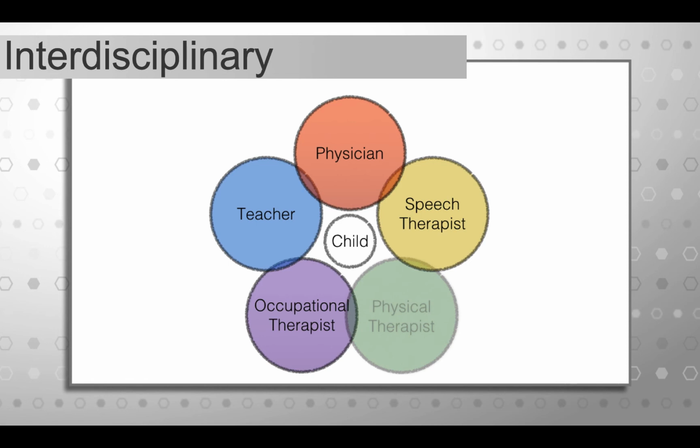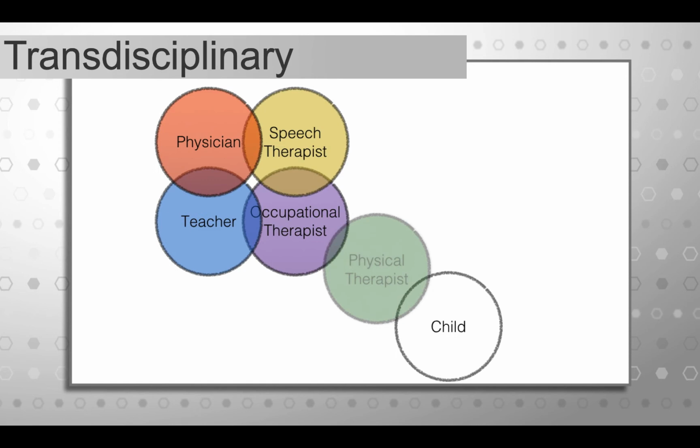There's some blurring of boundaries where the physical therapist might help the occupational therapist position the child better during their feeding interventions or things like that. But we all still have our own services and our own goals, even though we may all be working towards a shared goal. So the lines blur a little bit, but our roles are still pretty defined.